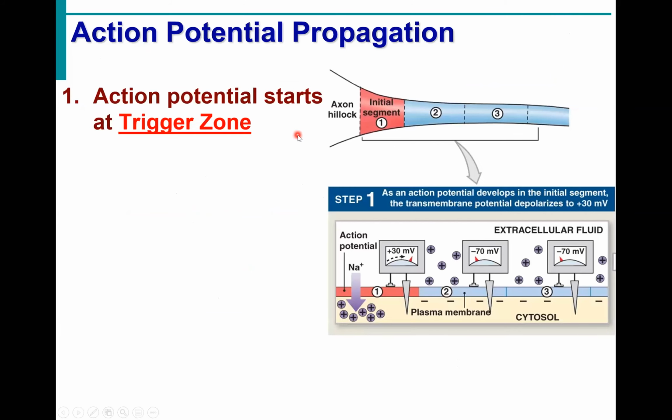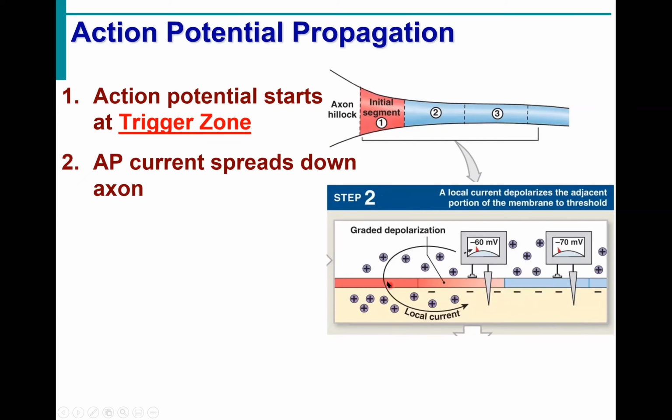Excellent. So notice here, a little bit prettier, is the same type of picture that we were just looking at before. Here's our axon hillock. Here's the first part of our axon where that trigger zone is located. Notice we got it to threshold with a graded potential. We opened voltage-gated sodium channels, and voltage-gated sodium rushed into the cell, bringing the cell to positive 30 millivolts.